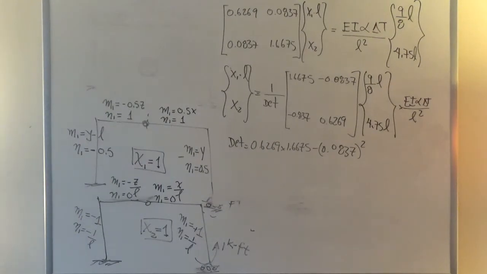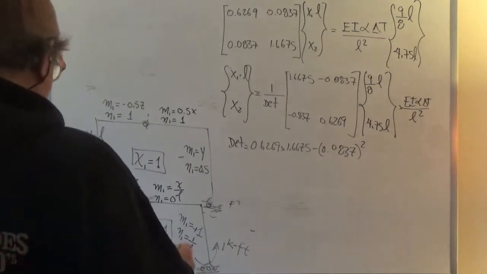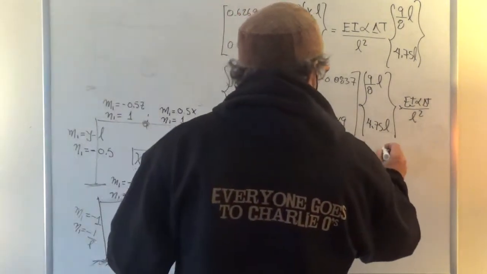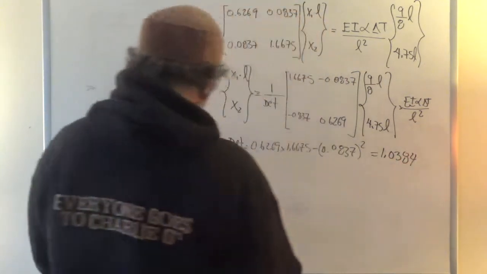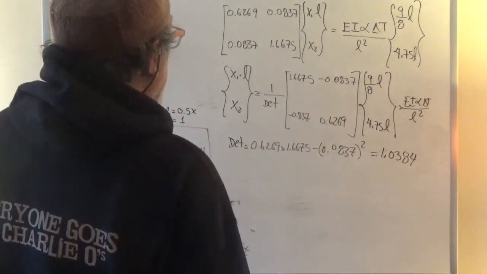Did I take it any further? I'm just trying to see when my error begins to play a role here. My determinant, I think it's still correct, was 1.0384.